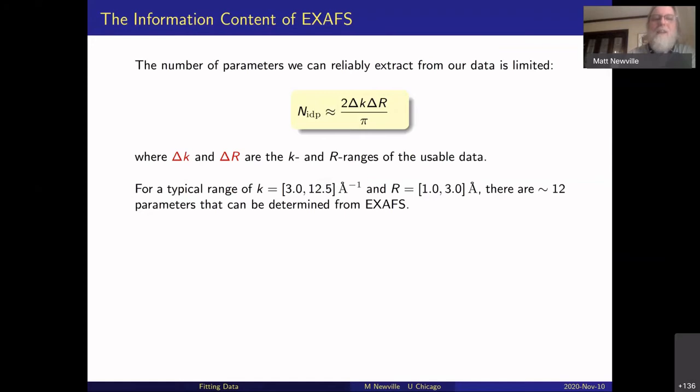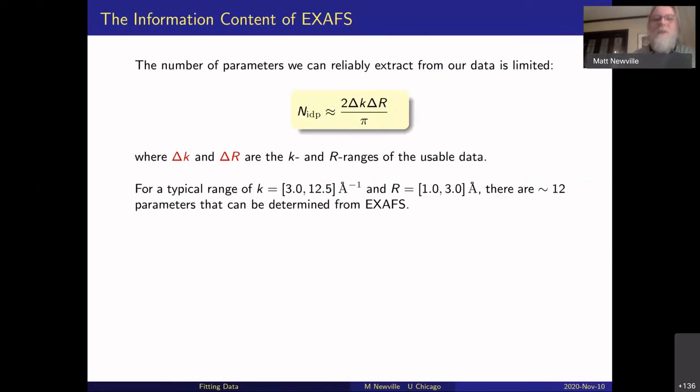In K and R space, there's a range, and that gives you a fixed number of finite parameters. Each measurement of mu, each measurement of the intensity in your ion chamber, is, in fact, an independent measurement of the intensity in your ion chamber. But each measurement of the intensity in your ion chamber is not an independent measurement of the first neighbor distance.